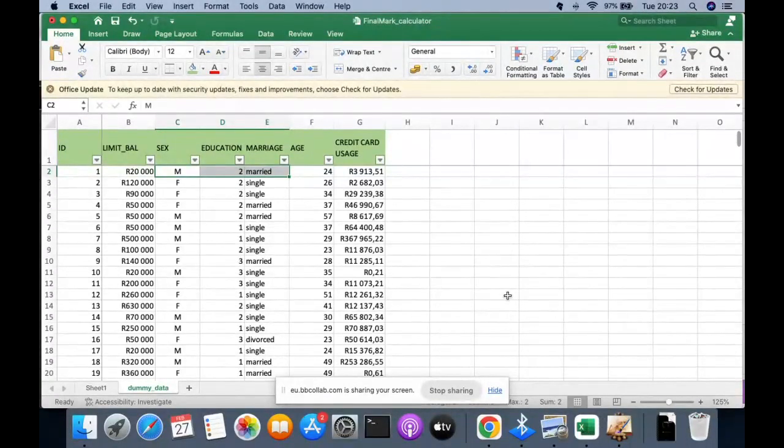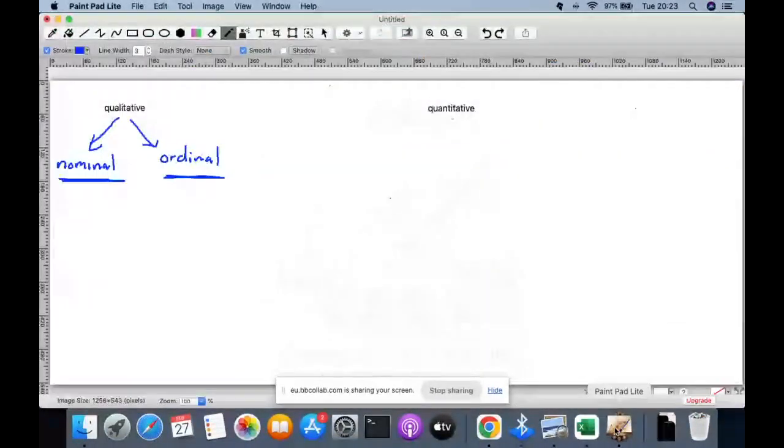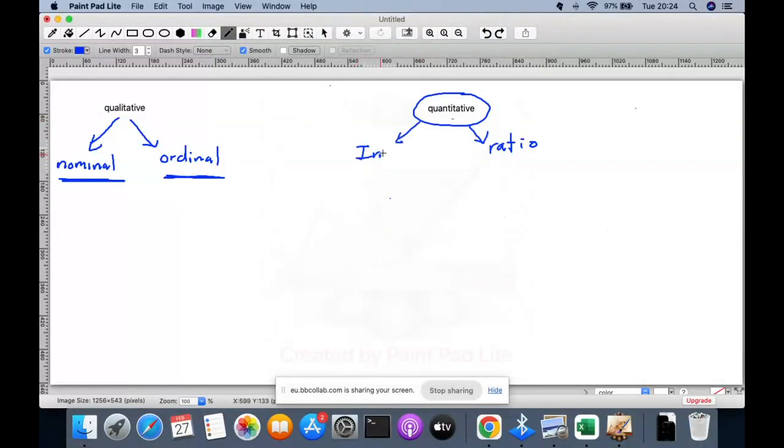Fantastic. All right, let's move on to the next type of variable, quantitative. Quantitative variables fall under ratio and interval. I'll explain the difference in a second.